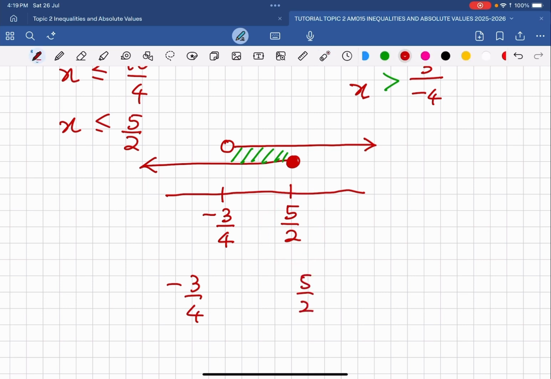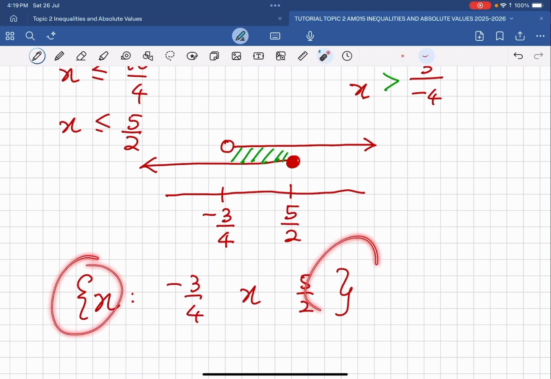So what you're going to write in the middle is, on the number line, the shaded area means the value of x. So you're going to write the value of x in the middle here, with curly brackets at the end of each side.